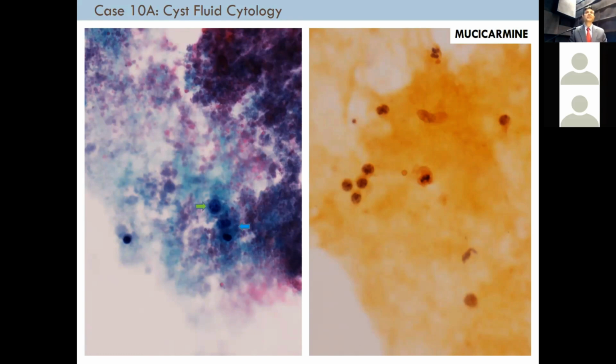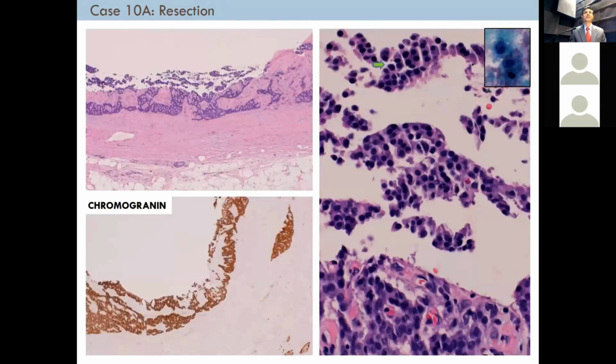The patient underwent resection because on follow-up, the imaging was a little bit suspicious, and it showed a cystic pancreatic neuroendocrine neoplasm. If you look at this high-power image, these cells are exfoliating from the cyst wall and undergoing degenerative changes. The nuclei are very dark, similar to what we saw in the cyst fluid, and at that time we disregarded it.